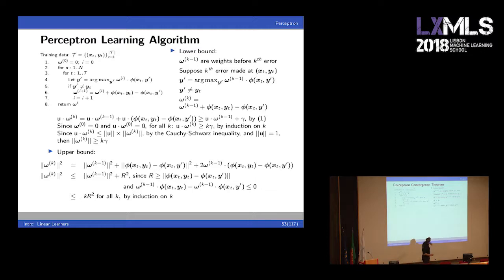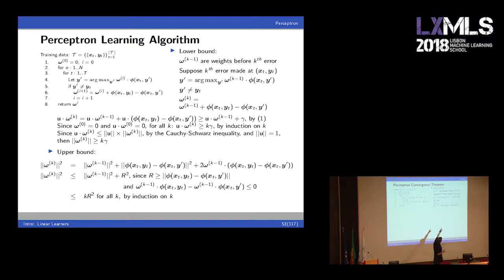So what we are doing is, we are assuming that the weights at step k minus 1 are the weights before we make the k-th error. The k-th error is made at example xt, yt.